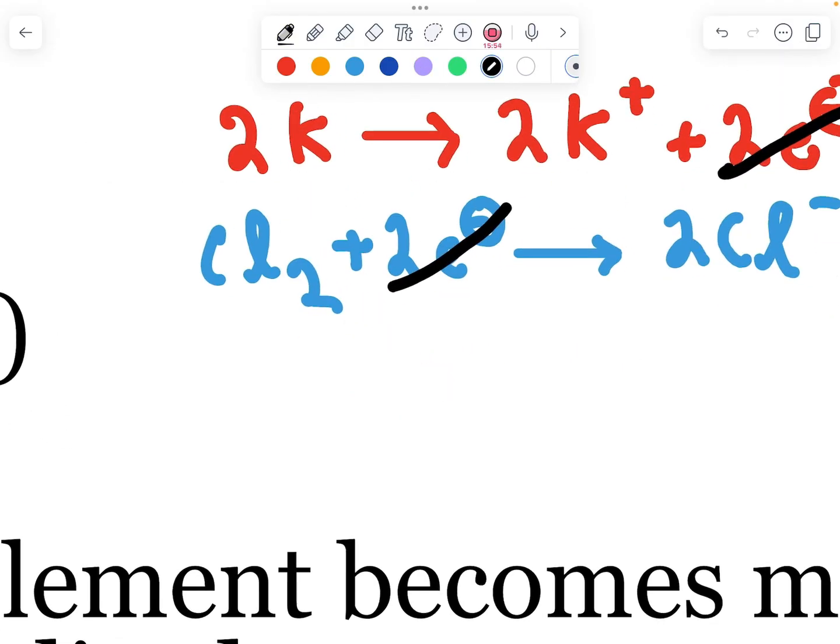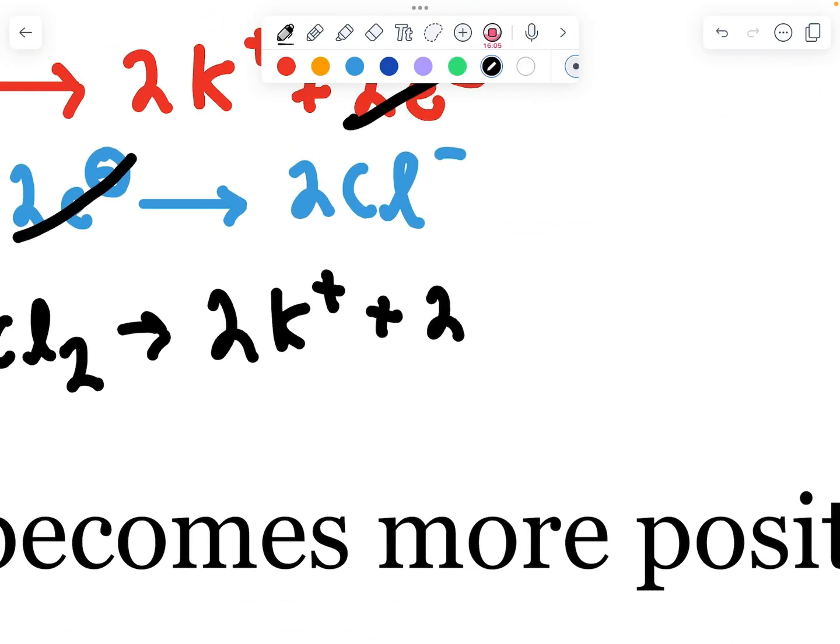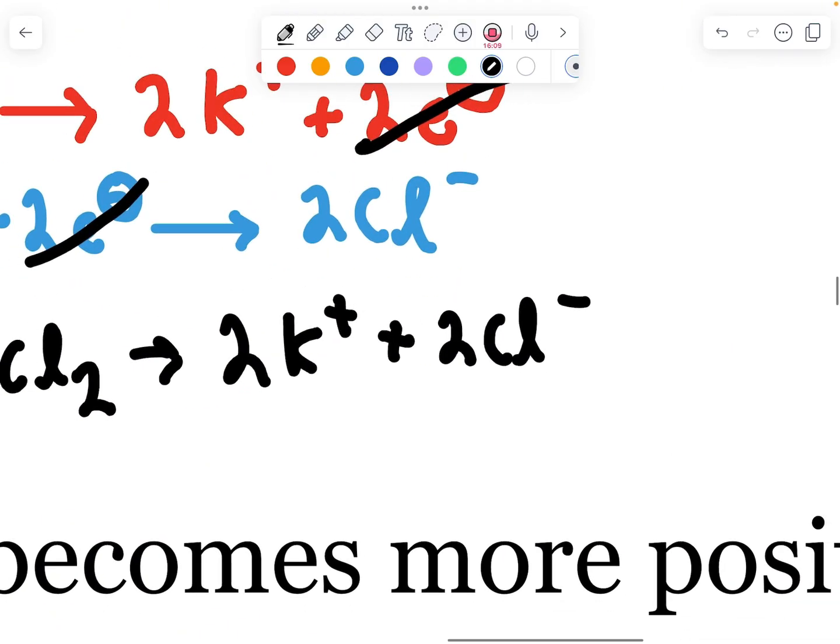So then we have 2K plus Cl2 yields our 2K positive plus 2 Cl negative, which we can combine to our 2KCl because they're ions with the same charge and they have the same subscript.